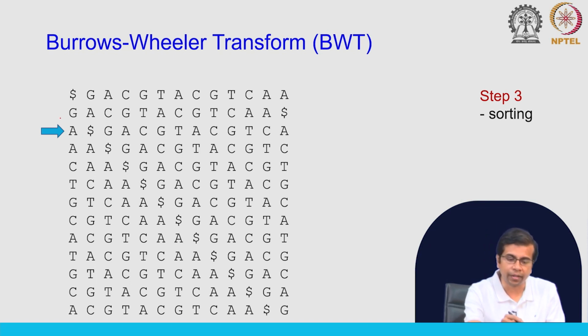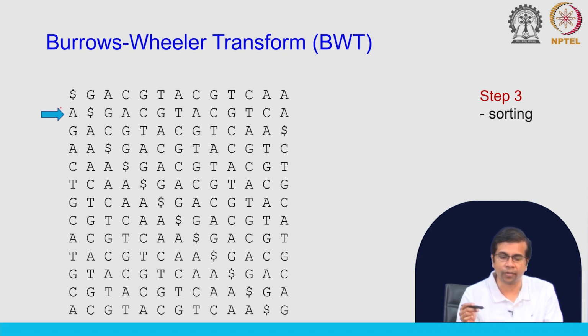So we will move this here, and this will form the second string. This is the first, this is the second. This is the sorted part. The first two are now sorted, and now we have to sort the rest of the matrix. For the third position, what do we have?